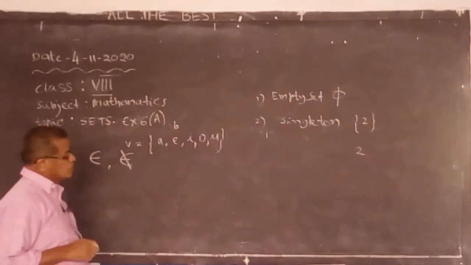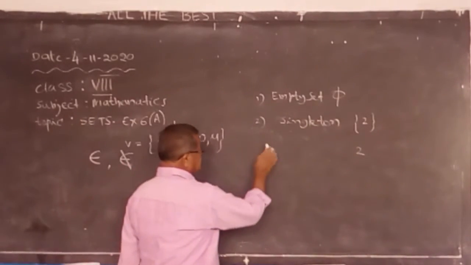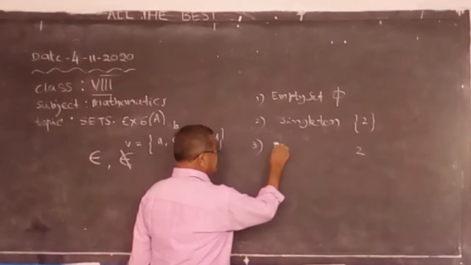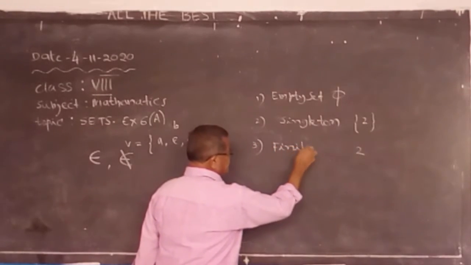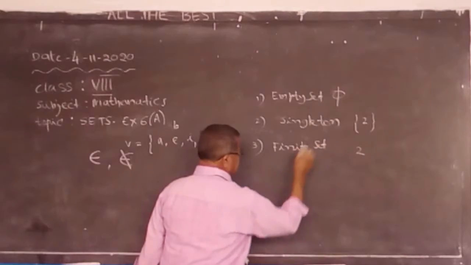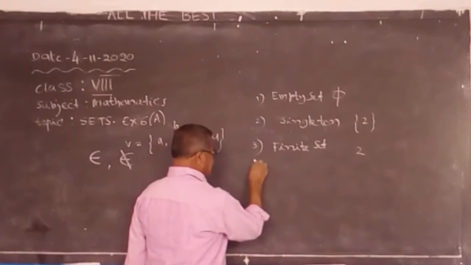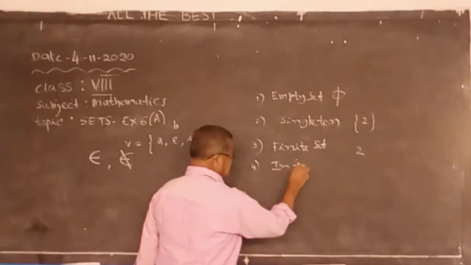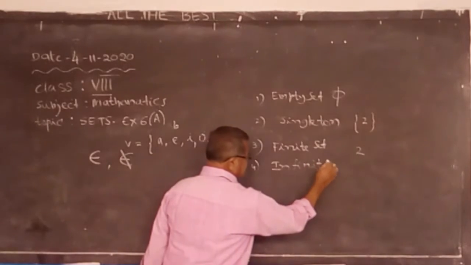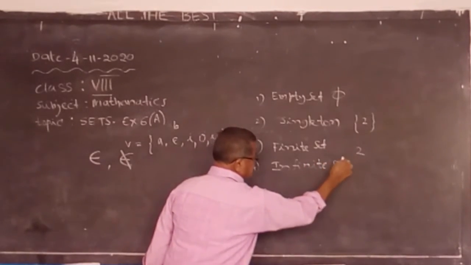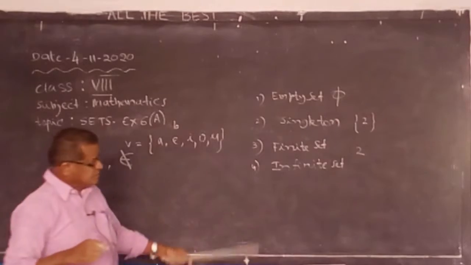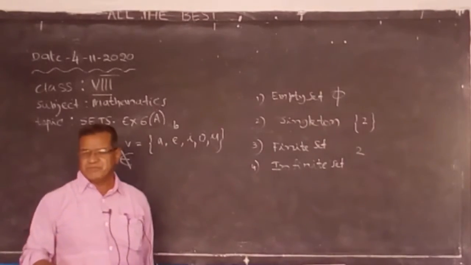Next, third, given in the book, finite set and infinite set. Finite set, it is in the name only.